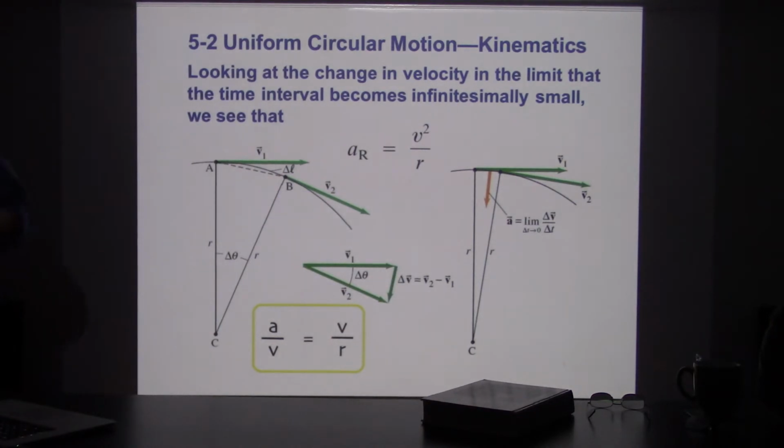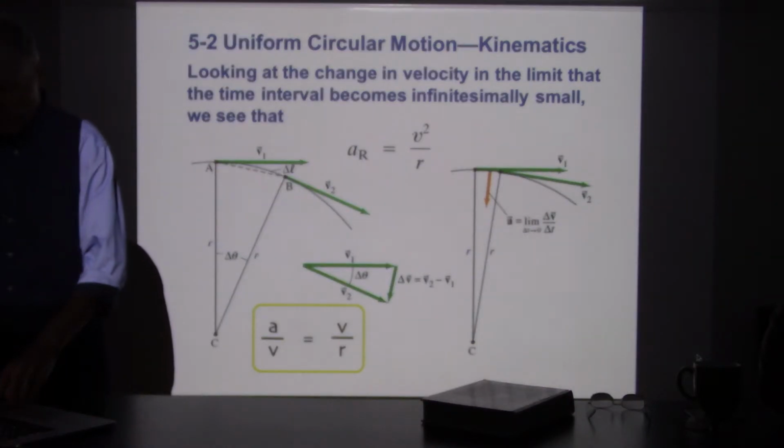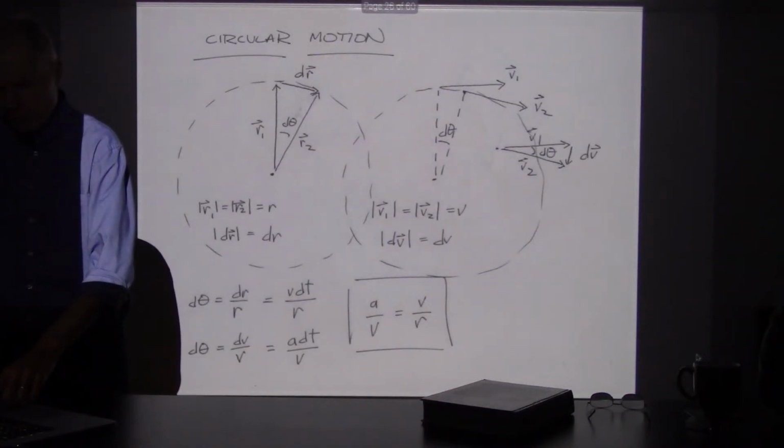But again, I kind of like the a is to v as v is to r. So I've written that in and highlighted that as another way to think about this, and kind of remember the derivation. For years I had looked at these diagrams and they didn't make sense to me, and suddenly one time I was going through looking at it and then it made sense. So again, going back over things can be useful.